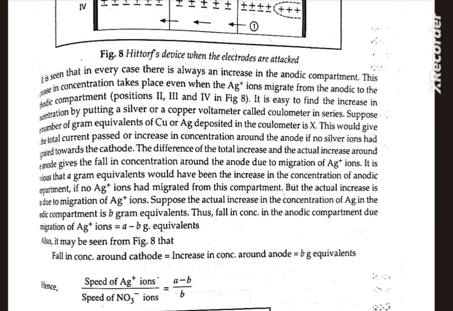Thus, the fall in concentration in the anodic compartment due to migration of Ag positive ions is equal to A minus B gram equivalent. Also, it may be seen from figure 8 that the fall in concentration around the cathode is equal to the increase in concentration around the anode, which is B gram equivalent. Hence, speed of Ag positive ion divided by speed of NO3 negative ion is equal to A minus B divided by B.